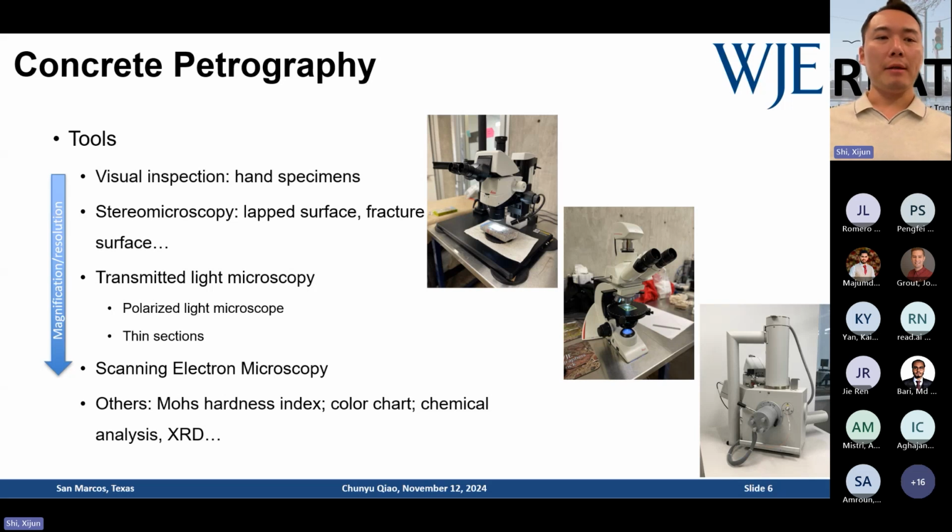forensics. Among the other regular tools we normally use, first, we can measure the hardness of the paste, so we use the Mohs hardness index. We can also categorize or describe the different colors of the paste or some material, and we can use a color chart to do that. And we can do different kinds of chemical analysis, for example, elemental analysis of your materials.